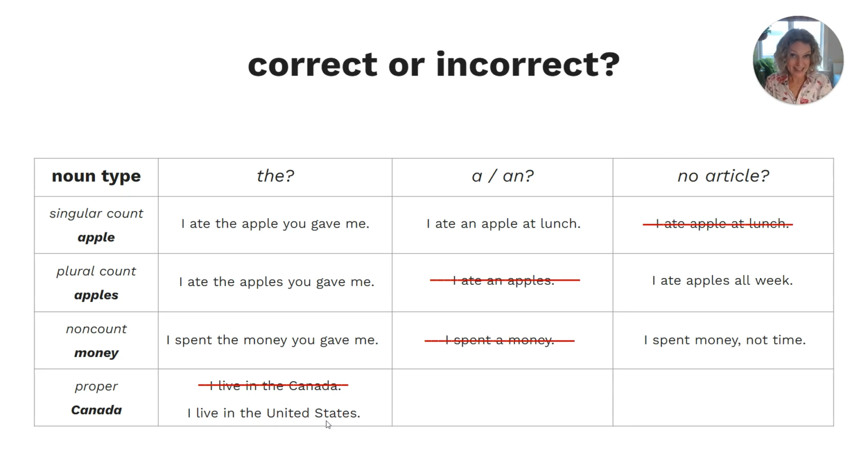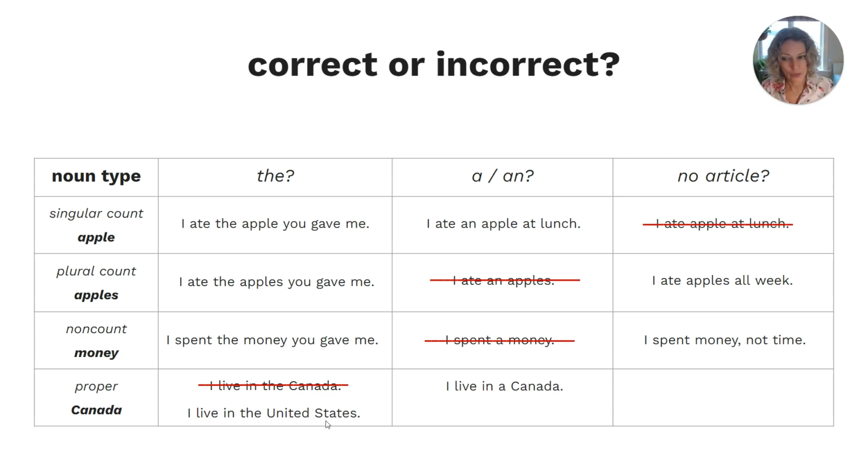So state, that's a count noun, right? 50 United States. So if the proper noun includes a count noun, then you use the, like the United Arab Emirates, or what's another one? I can't remember. Anyway, you can use a definite article if the proper noun has a count noun in it.